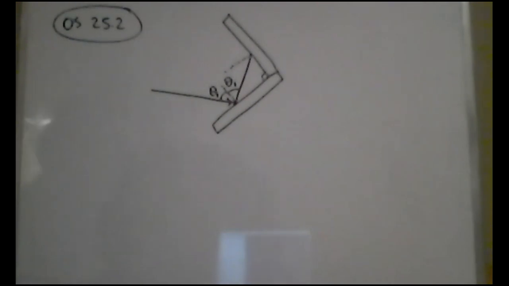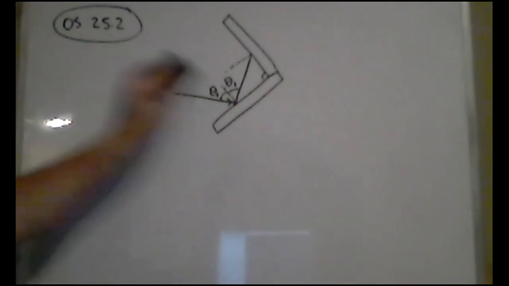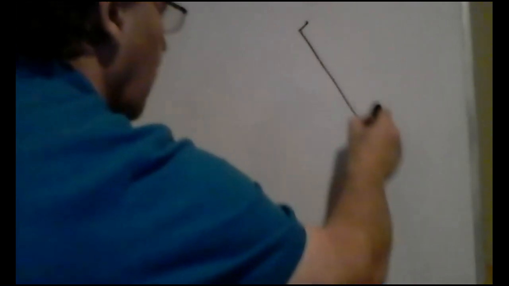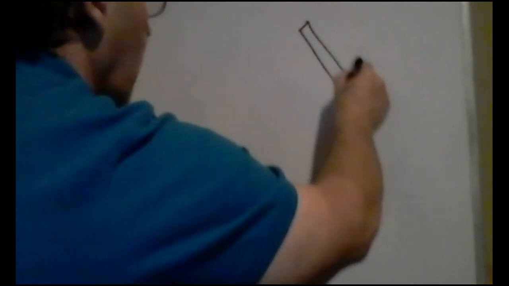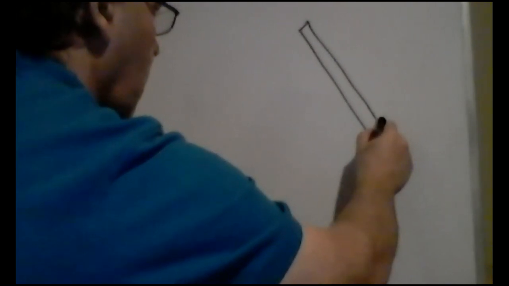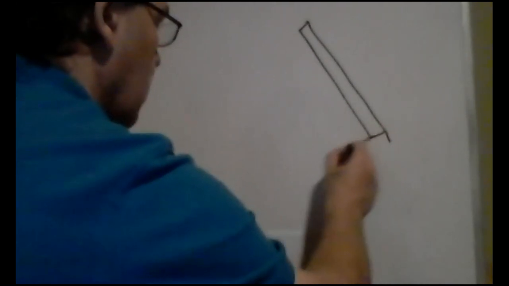Now, I should probably draw this picture even bigger. All right, let's try to really draw it big here. Sorry about this. A bigger picture is probably harder to draw straight.